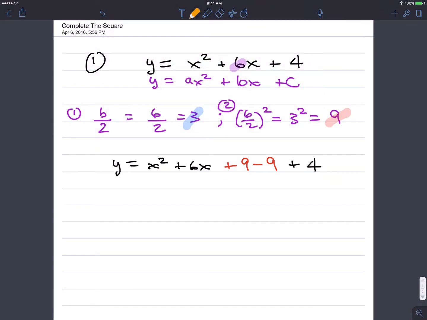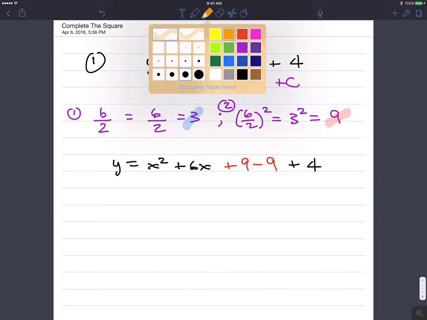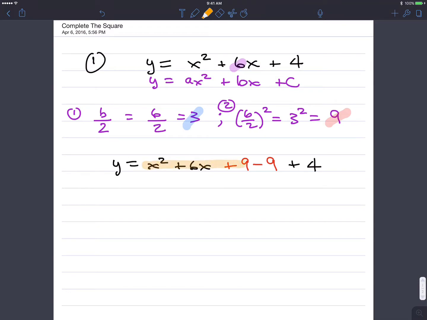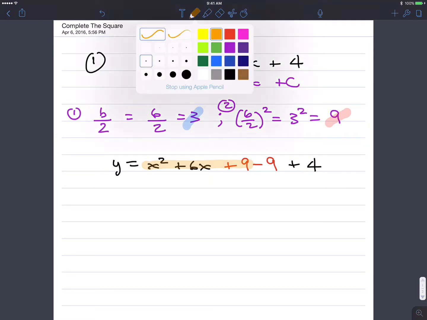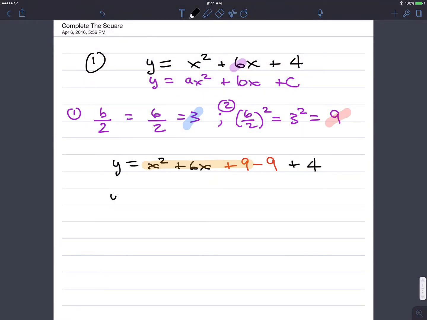We have a perfect square trinomial. I'm going to focus on this trinomial, the first 3 terms. And it is important to write it as plus 9 minus 9, do the addition first. So this trinomial here is going to become, when we factor, x plus something, squared, for those 3 terms.